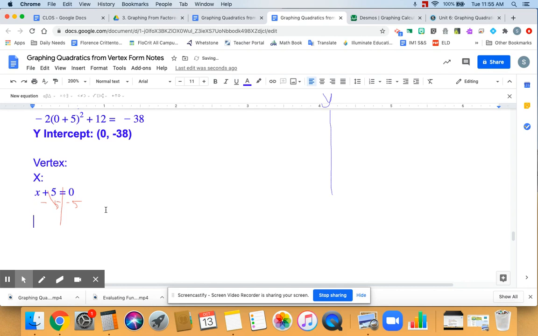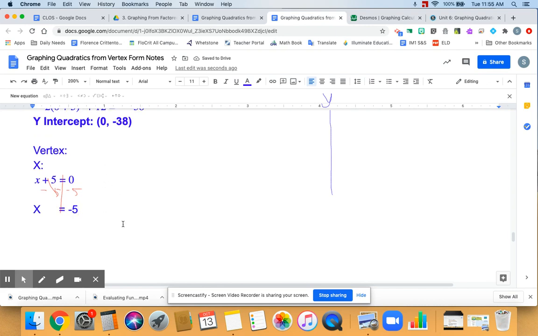And then you're going to end up with the answer of x equaling 0 minus 5 is negative 5. So that's the x value of the vertex. It's going to be negative 5, comma. And remember, the y value is just the k at the end. So just this plus 12.